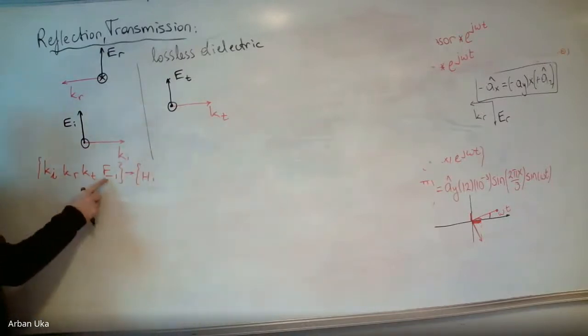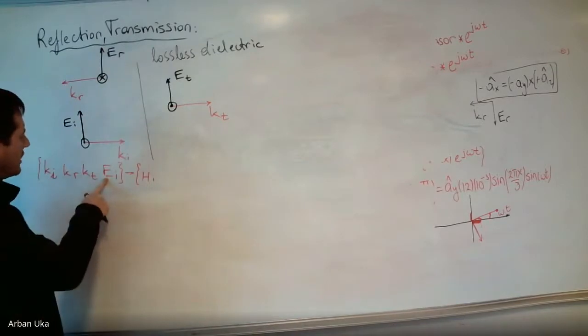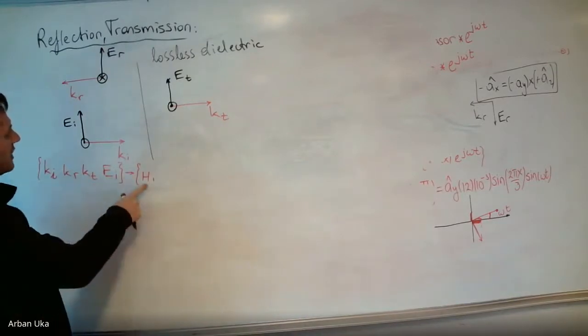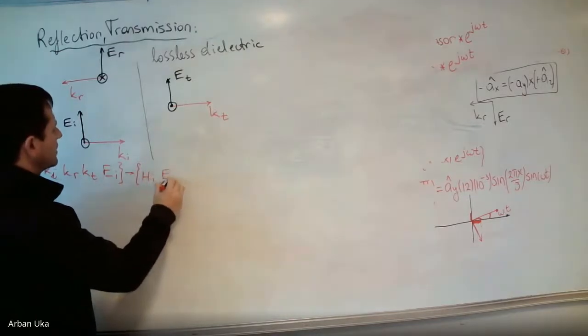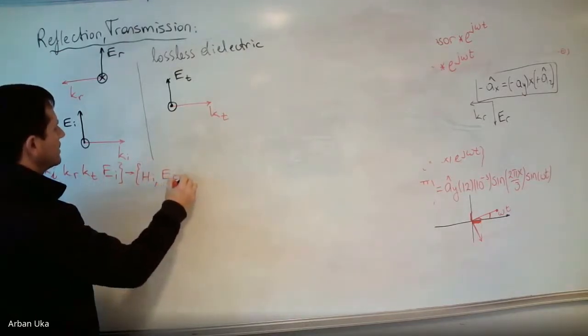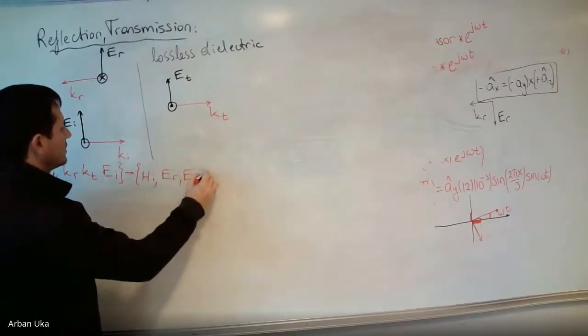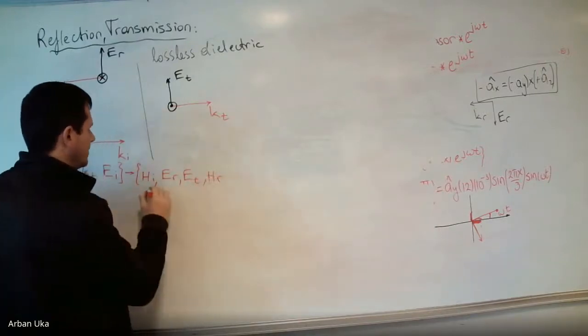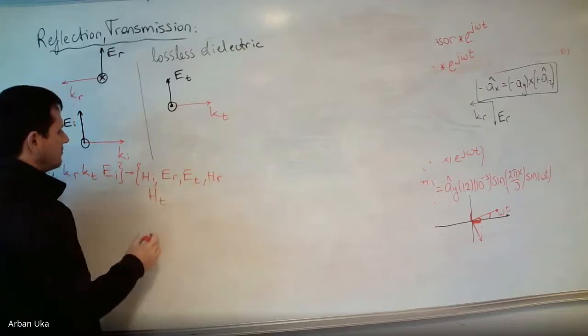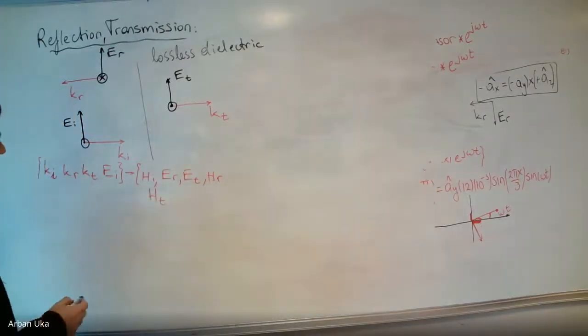Once we know the polarization of the incident wave, we can get Hi. Once we get Hi, we can also determine the reflected ER, the transmitted E, the reflected HR, and the transmitted HT. And I think this is all, okay?